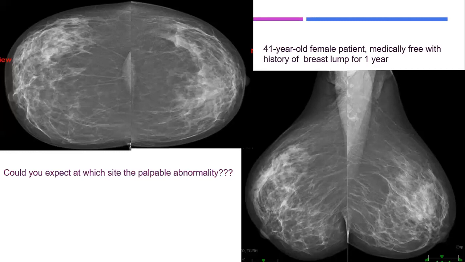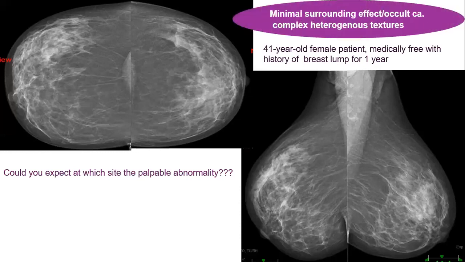For this parenchyma, you can see more fat than the fibroglandular breast density. But this parenchyma is very complex, making it difficult to appreciate any underlying lesions. And the lesion's effect on the underlying normal parenchyma is subtle, giving minimal effect.